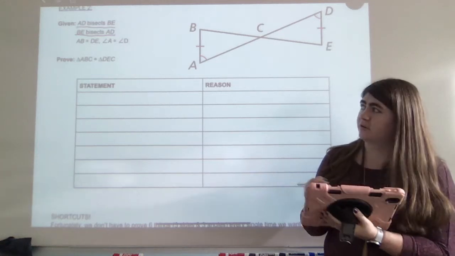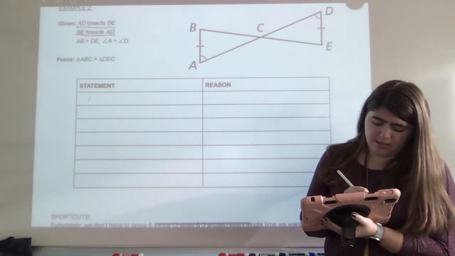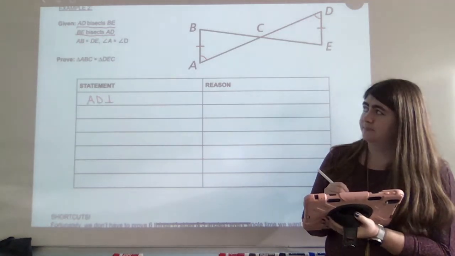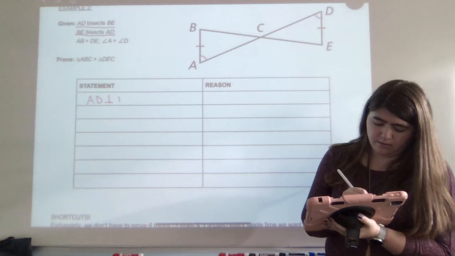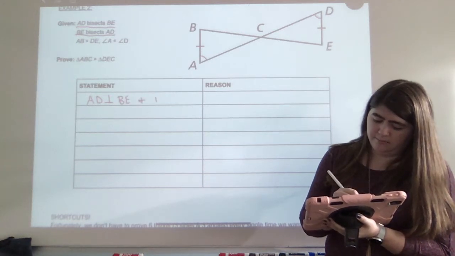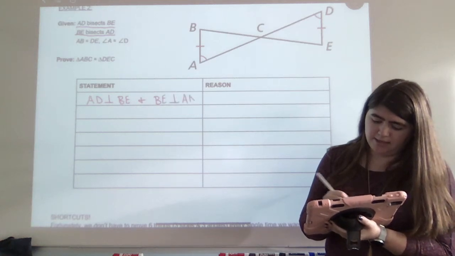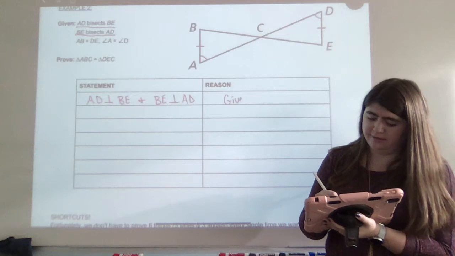So it says both of those things there. AD, and this is the symbol for it, is an upside down capital T. AD bisects BE and BE bisects AD, and that is because it's given.